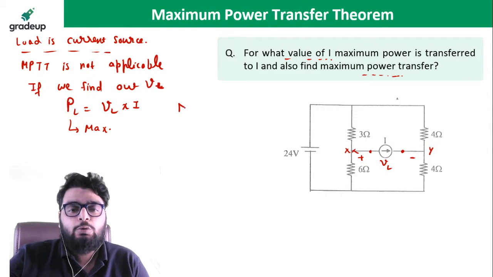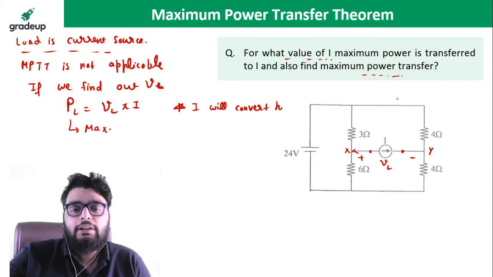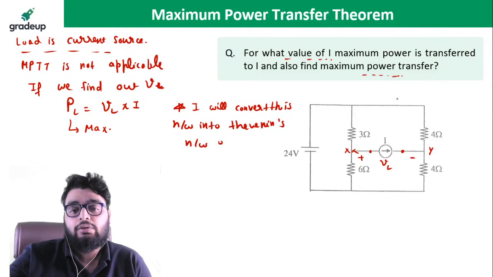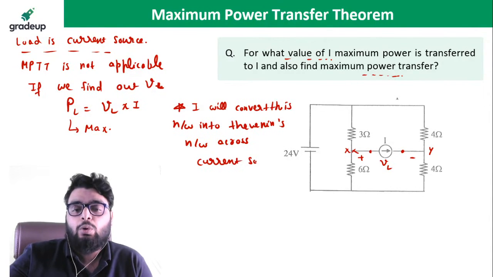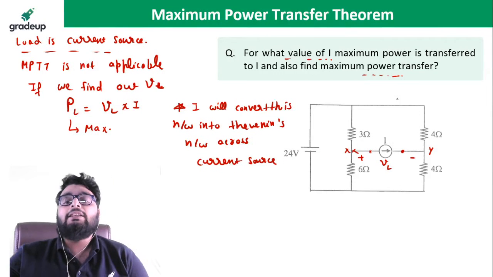So what I am going to do here, I will convert this network into a Thevenin's network across the current source, because right now the load is the current source.